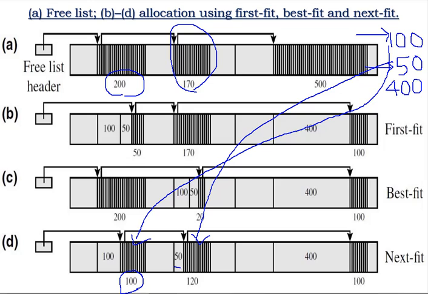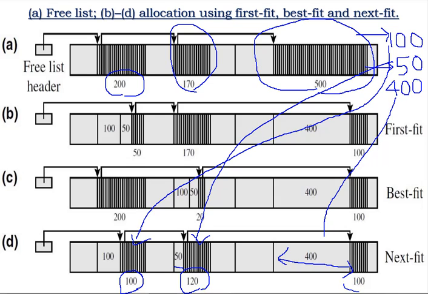So 50 bytes are allocated here and 120 bytes remain. For the third process, it selects the next free memory block, that is 500 bytes, and allocates these 400 bytes into it, and we are finally left with 100 bytes of memory.